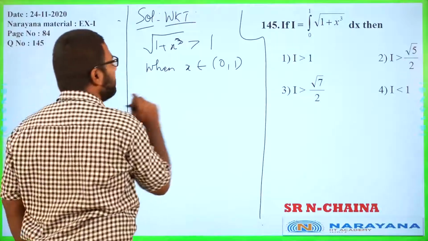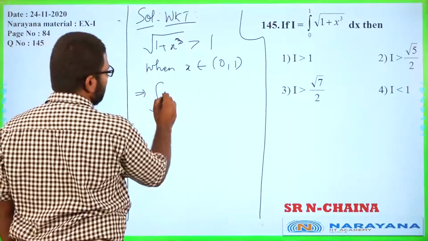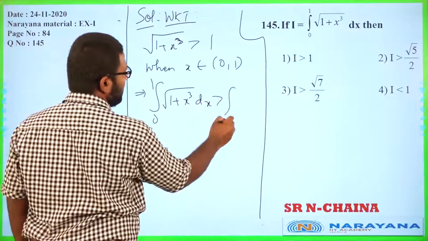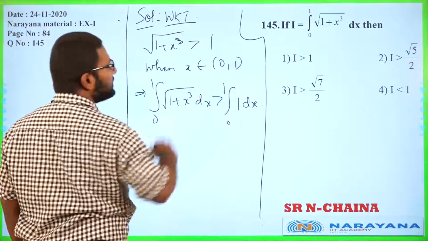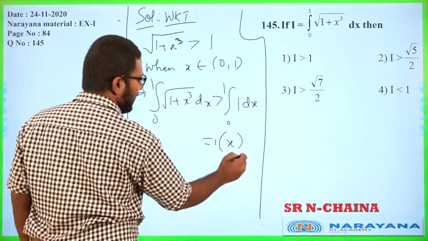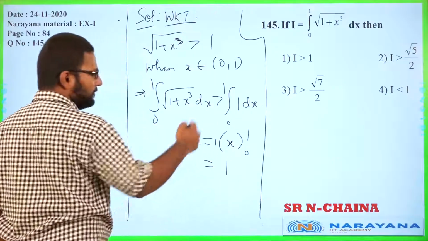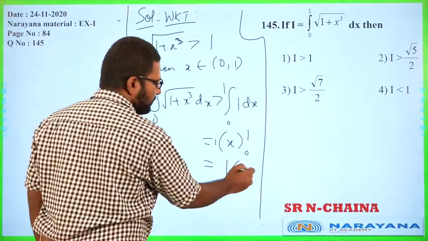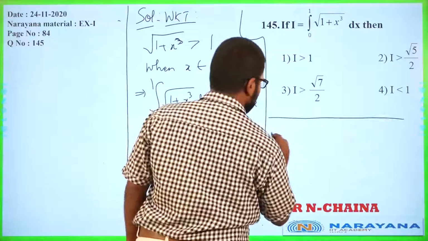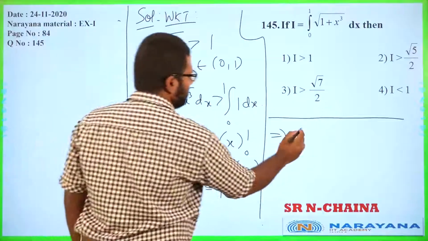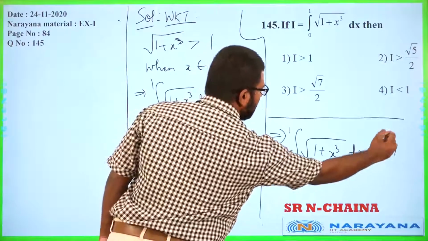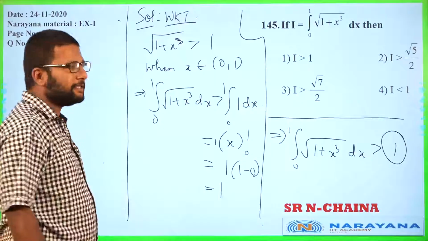Which means the integral from 0 to 1 of the cube root of 1 plus x cube dx is greater than the integral from 0 to 1 of dx. But this right hand part is x from 0 to 1, which is 1 minus 0, which is 1. So we conclude that the integral from 0 to 1 of the cube root of 1 plus x cube dx is greater than 1. Correct?